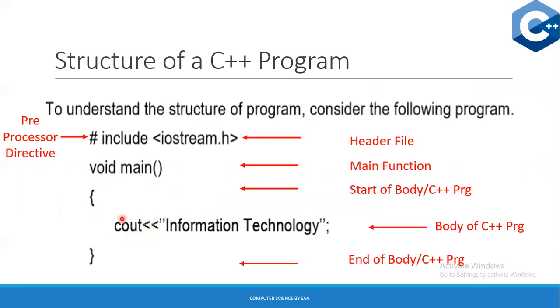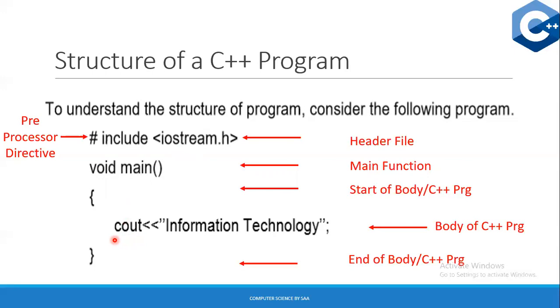What is the purpose of this cout? This definition is stored in the header file iostream.h. So when we include iostream.h, our compiler will know that we are going to use statements like cout and cin. What is a cin statement? We will study it in the next lecture.